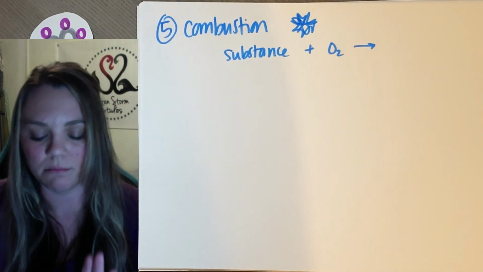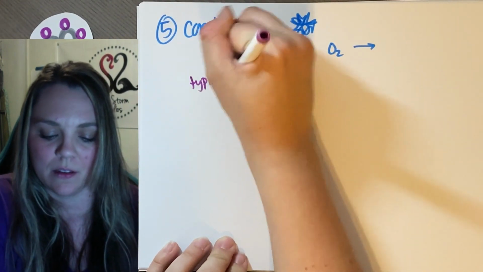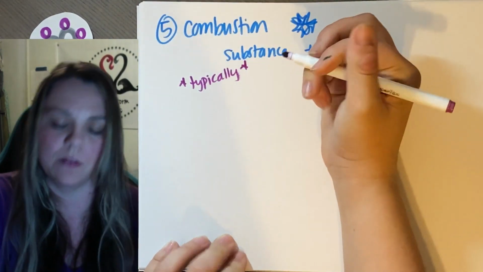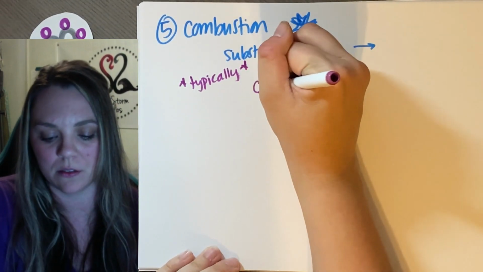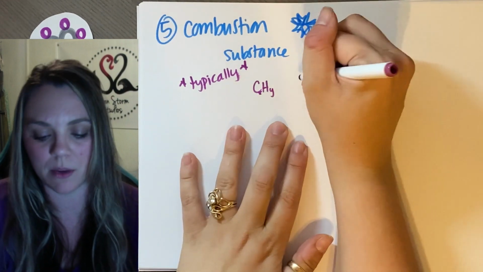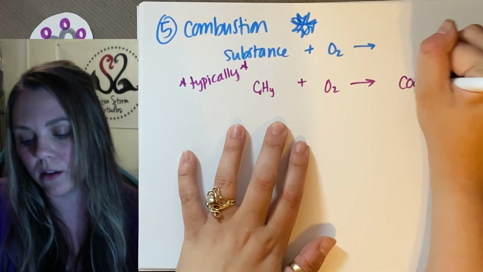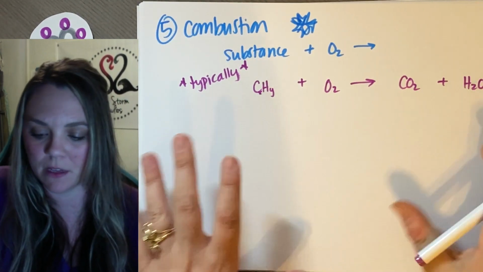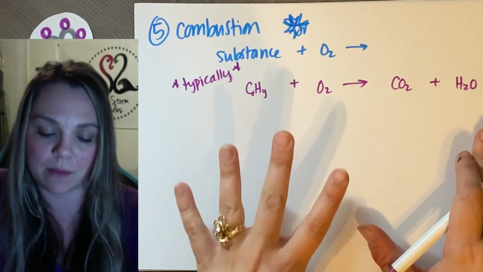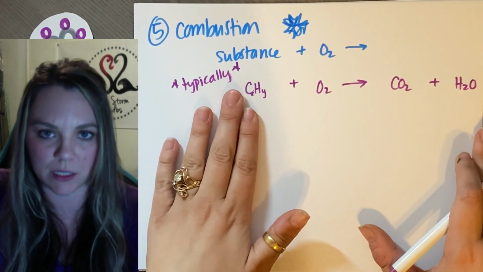So most typically, you get a hydrocarbon, which is just carbons and hydrogens. Okay, you get some amount of carbons, some amount of hydrogens, plus oxygen, and you're always going to get carbon dioxide and water. Okay, this is the most typical type of combustion reaction. There are other ones that break the rules, but this is the typical one.